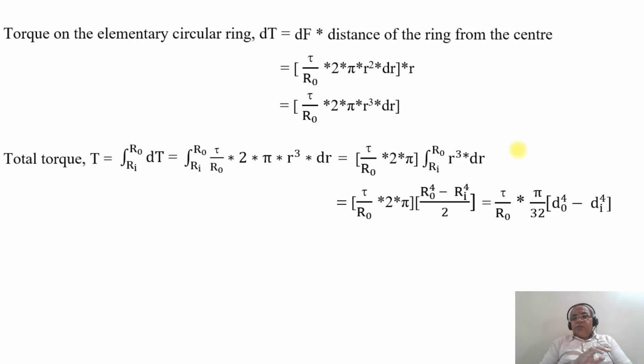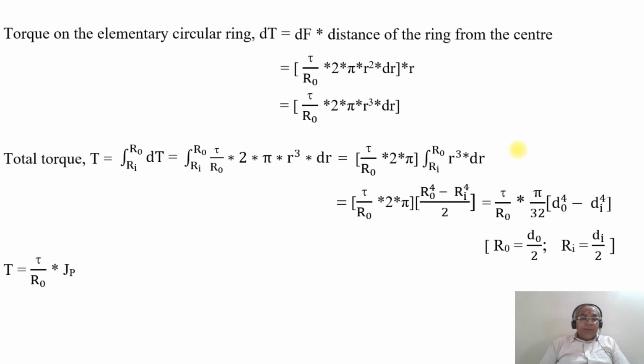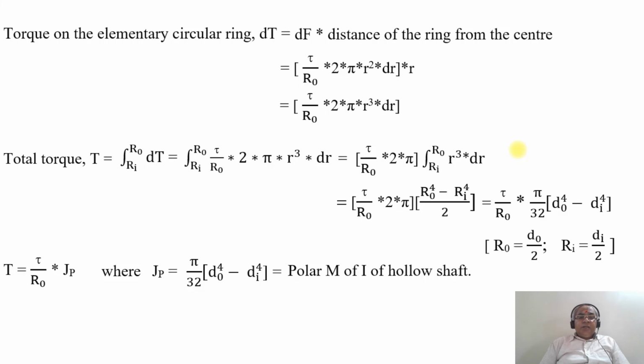So pi by 32 into D0 to the power of 4 minus Di to the power of 4, if R0 is equal to D0 by 2 and Ri is equal to Di by 2.